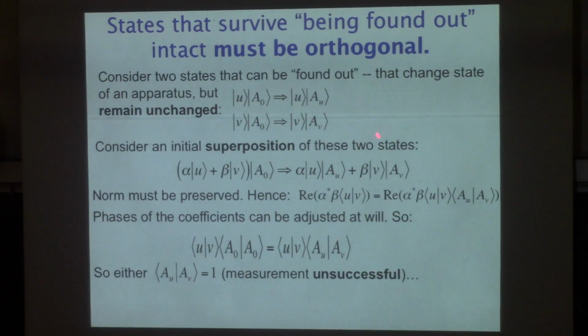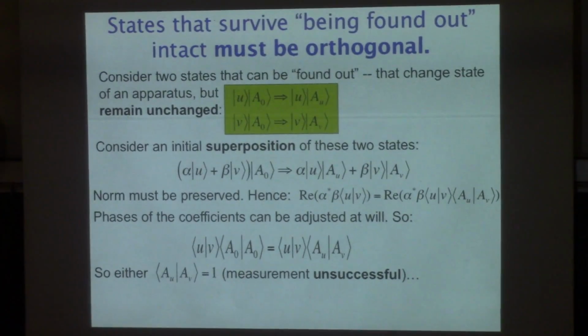If it's here, that means I could bring another copy of the apparatus and I would get the same result. So repeatability would be satisfied. So, it turns out this is essentially what we need.